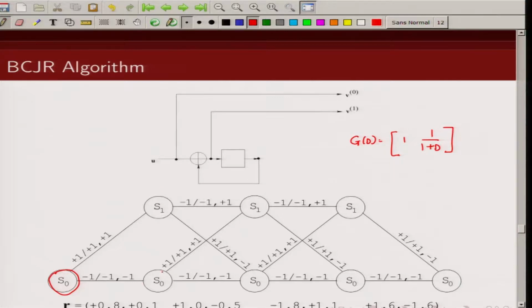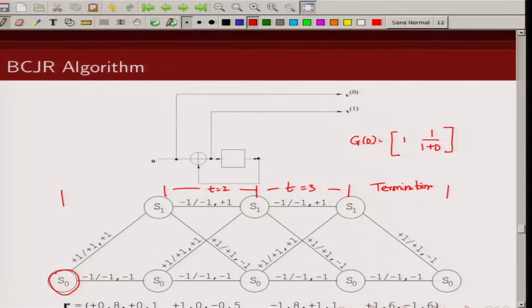This is the first time instance, this is t equal to 2, this is t equal to 3, and then I am terminating this encoder back to the all 0 state. This is the termination phase.